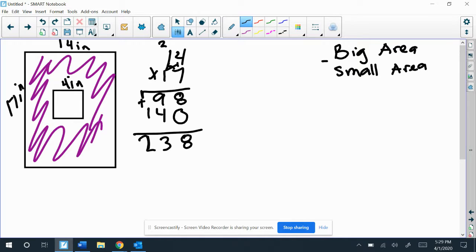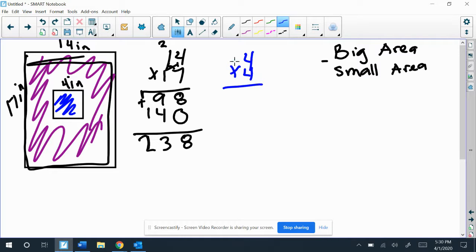Now, I can find just the small area. So once again, this big area was the whole thing, everything. And the small area is just going to be 4, but it's a square, so it's 4 times 4. Well, 4 times 4 is 16.